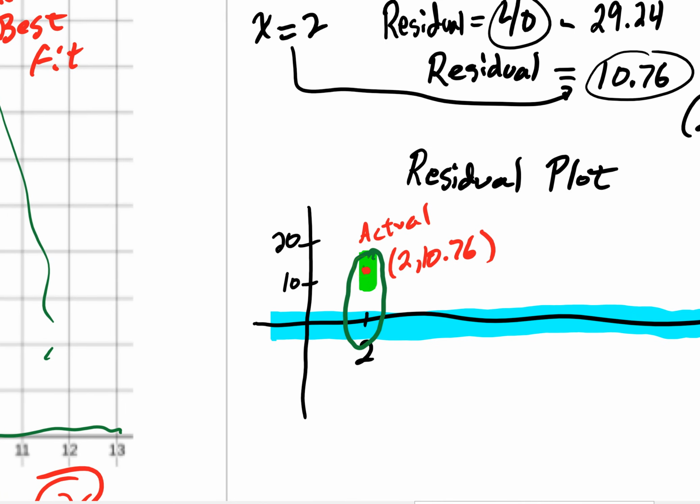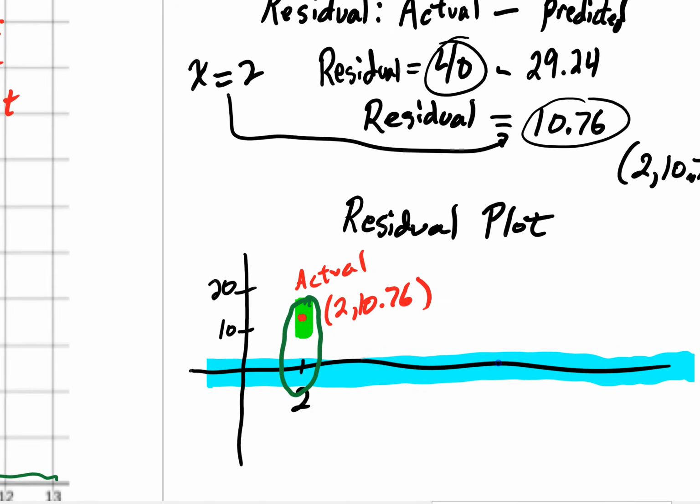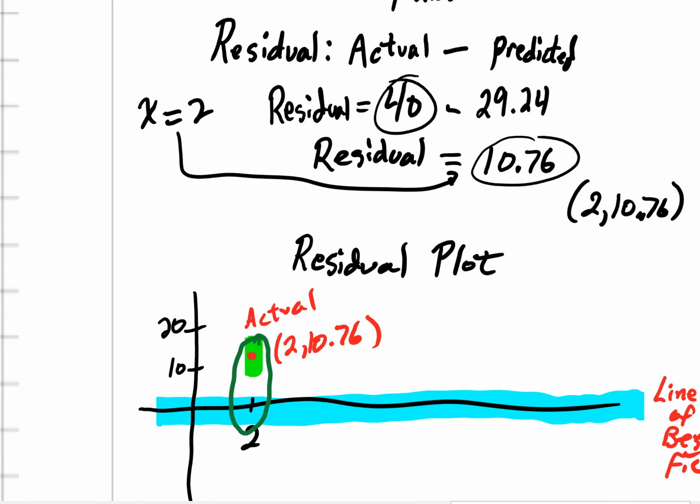And this point right here is 10.76 steps above that prediction line. So that's really what we get for residuals. Residuals are a way of showing us how good our regression line fits the data.